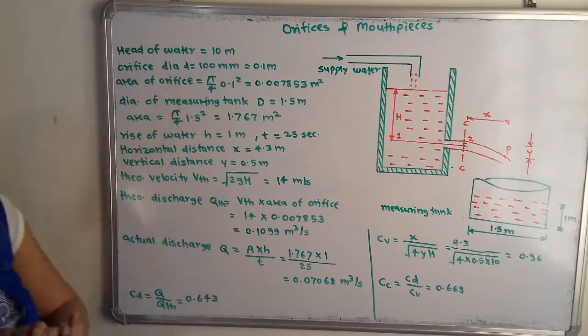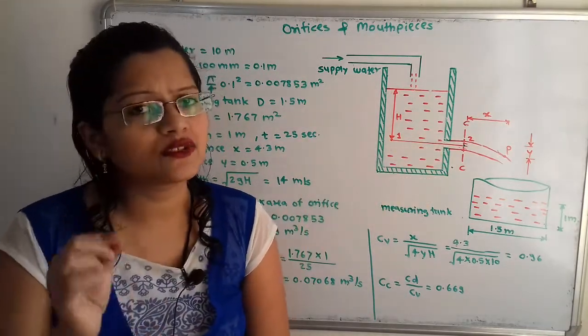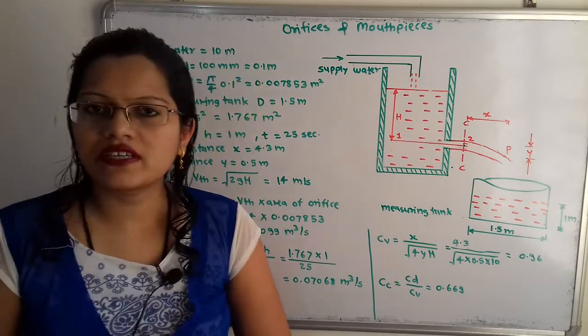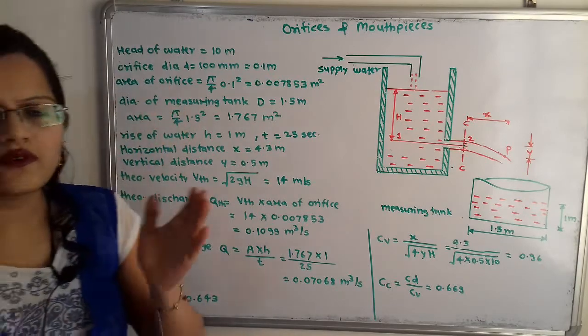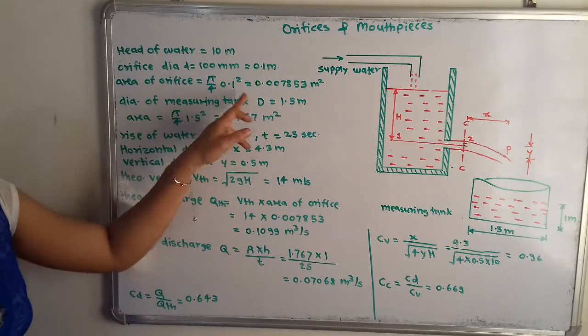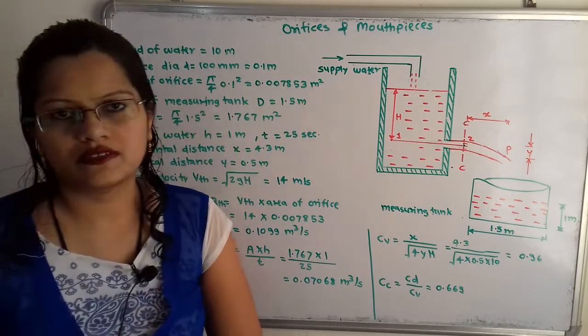Now the orifice diameter, small d, is 100 millimeters, which we convert into meters, that is 0.1 meter. Then the area of orifice is pi by 4 d square, which is equal to 0.007853 meters square.